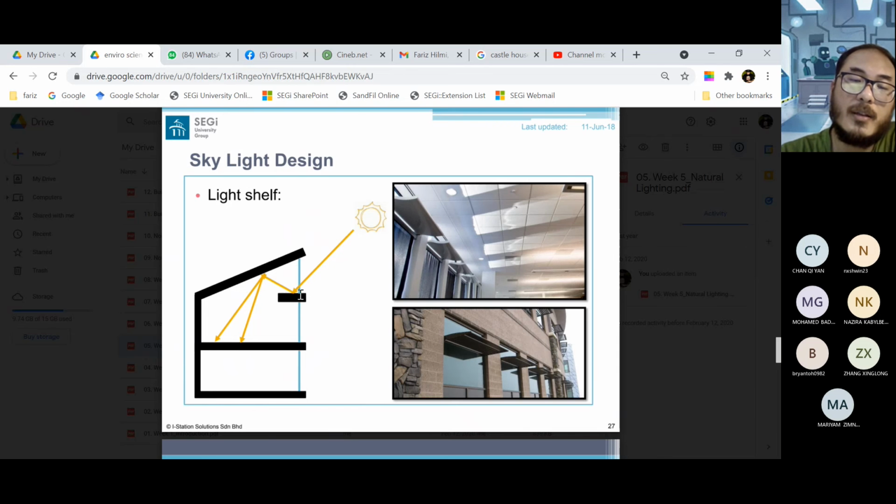The material for a light shelf is sometimes glass, reflective glass, and most of the time it's just a reflective material. And the best is actually white, because white is the lightest color in terms of weight.